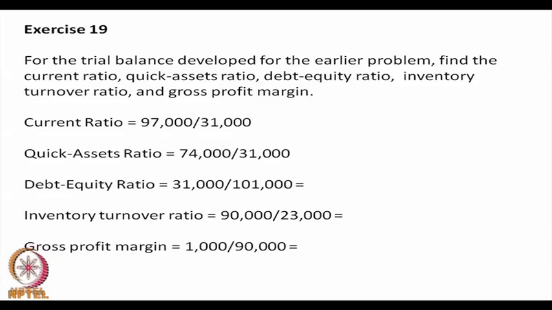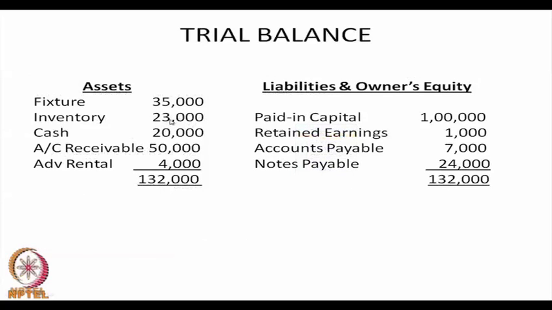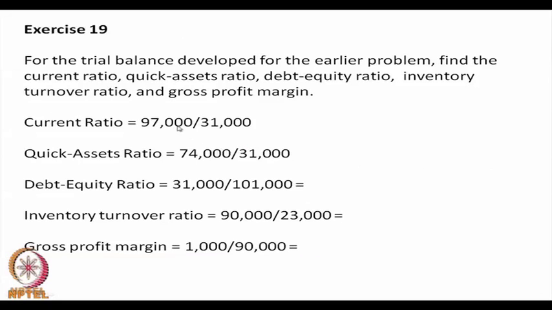I have not given the values, but the ratios can be calculated as this is current assets divided by current liabilities. Current assets, these 4 are the current assets: inventory, cash, accounts receivable and advanced rental, and the current liabilities are these 2, 7 plus 24, 31, and these add up to 97.